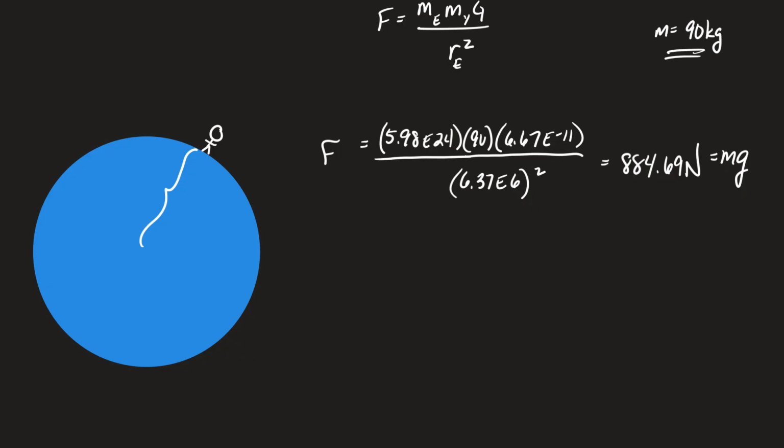All we have to do is take your number, 884.69 is mine, set that equal to the mass of you times g, and we should be able to see what the acceleration of gravity is using a more empirical method. So I'm going to take my value, divide by 90, and lo and behold, I calculate that the acceleration of gravity on the Earth is 9.83 meters per second squared. And you should all get the exact same value as I.